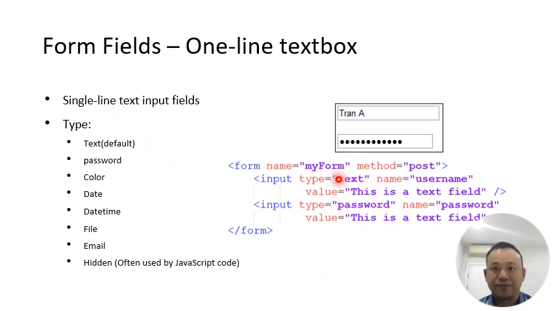This type of input allows the user to input a single line of text. So we have an example like this. We have a name field. The input type equal to text for name, identified by name. The name is set to username, and this is a text field.